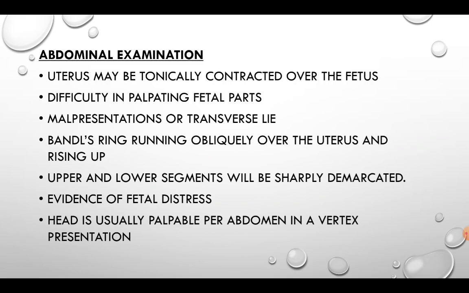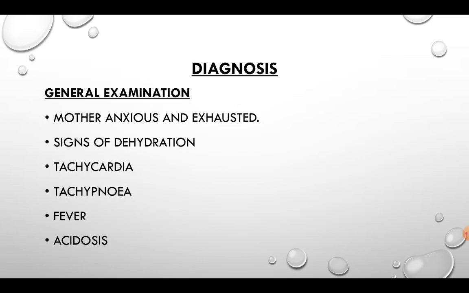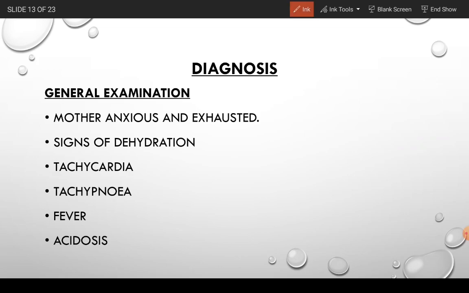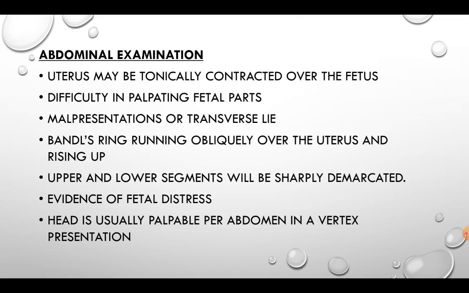The mother will be anxious, exhausted. So these are actually the general findings that you can get when the mom is lying like this. So the mother will have tachycardia, tachypnea, fever, acidosis, and also will be dehydrated, exhausted.